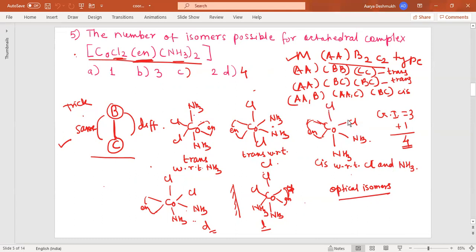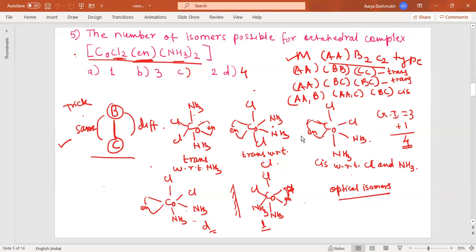These two Cl are on the same side, and this is again on the same side. So this is the third possible combination, which I showed in this one. So this is the cis isomer, and there are two trans isomers, with respect to NH3 and with respect to Cl. Two trans are there because there are two different unidentate ligands. Okay, so in total there are three geometrical isomers.